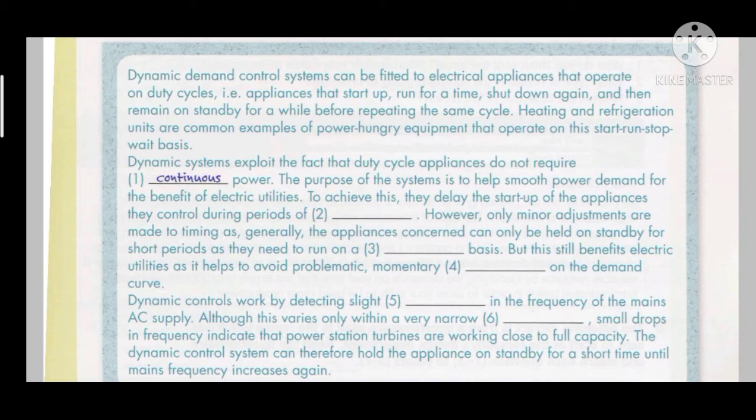Appliances that start up, run for a time, shut down again, and then remain on standby for a while before repeating the same cycle.